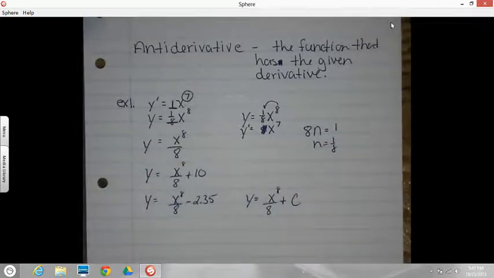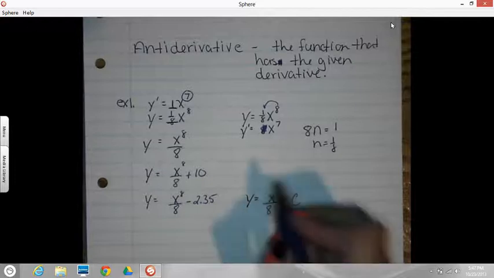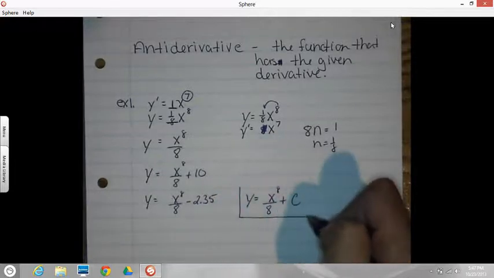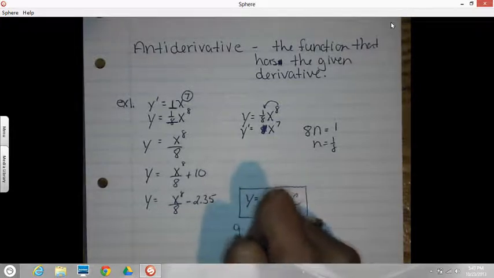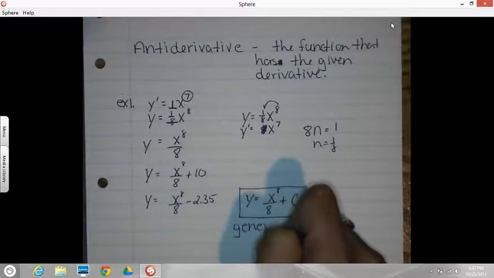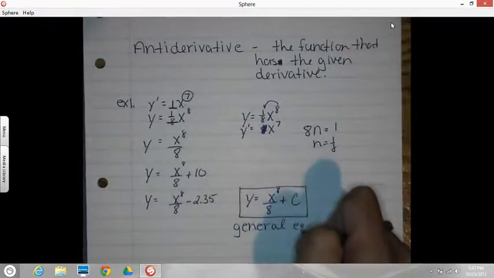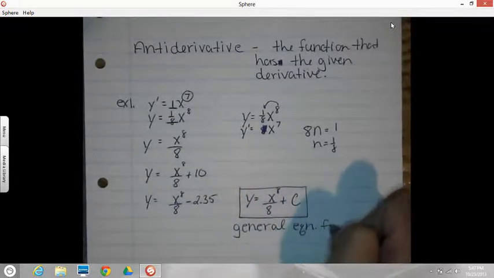It might be a 0. It could be any other number. So there is the true general equation for the antiderivative.